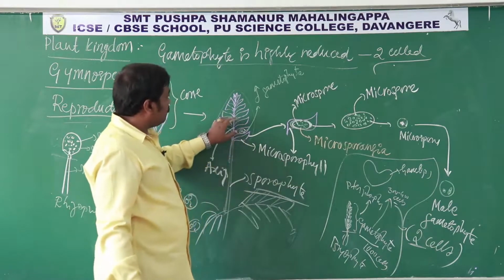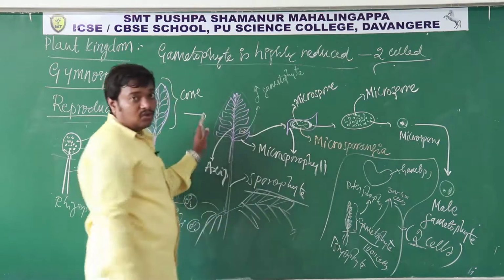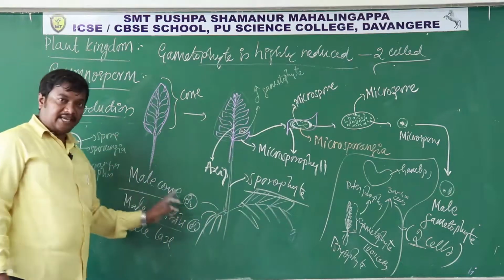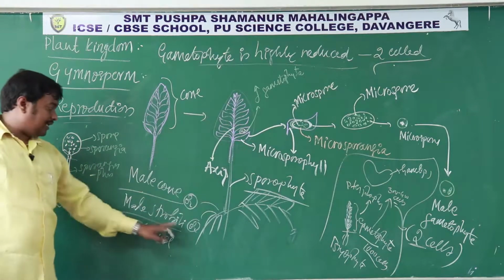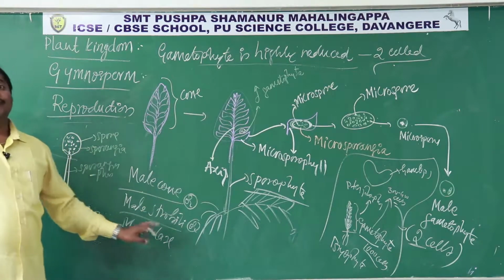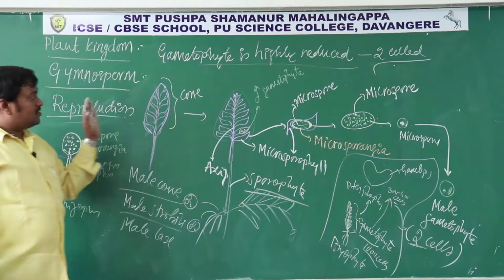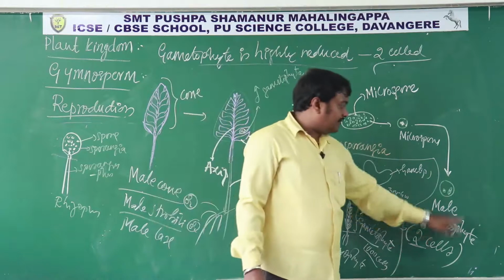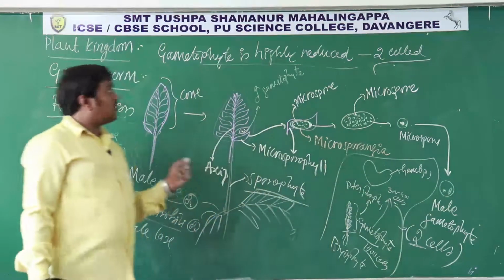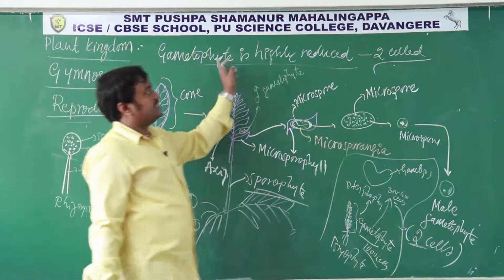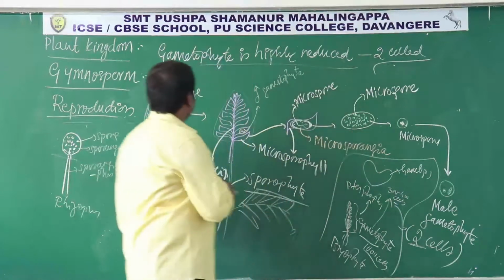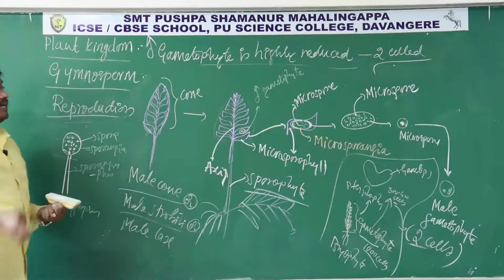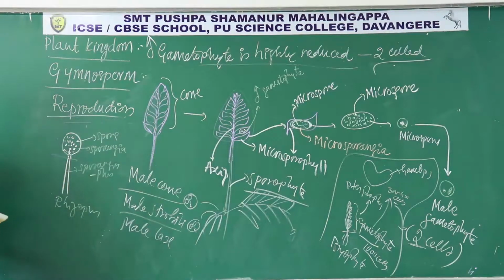Many microsporophylls are grouped together to form a compact structure called the male cone, male strobili, or male lax. This male cone produces microspores. That microspore later develops into the male gametophyte, which is highly reduced. Male gametophyte is highly reduced in gymnosperms.